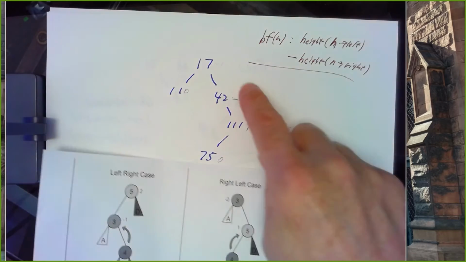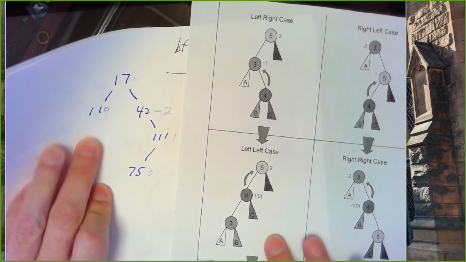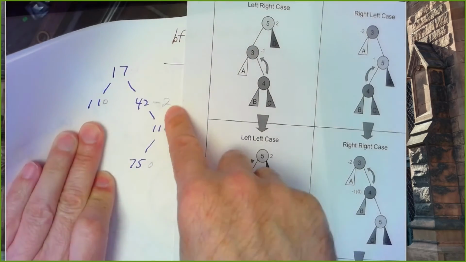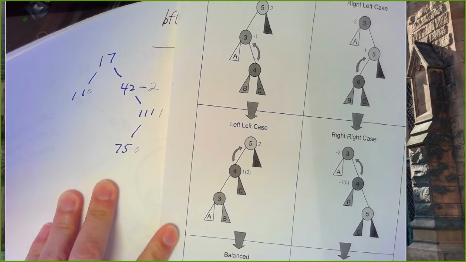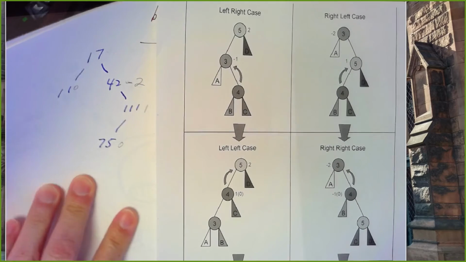All right, so we have a -2, a 1, and a 0. What case are we in? Which of our 4 cases?